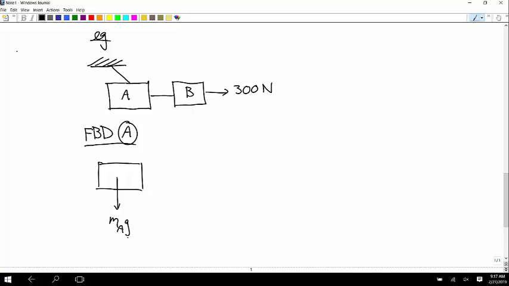And now there's pulling contacts at two places by those two cables. The one that's attached to B is parallel to the cable, away from the chosen body. So I'll call that T1. And the cable connected to the ceiling is parallel to the cable away from the chosen body, and I'll call that T2.